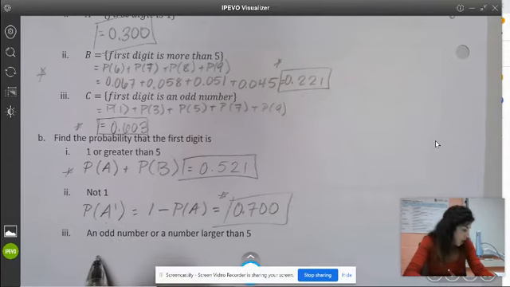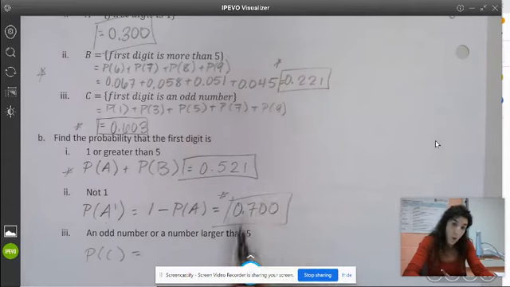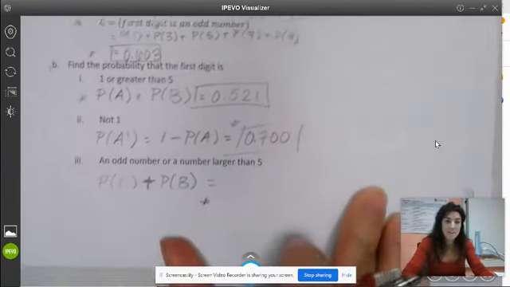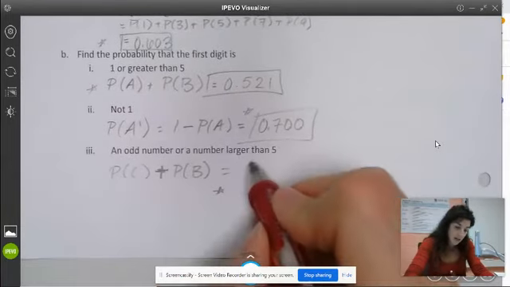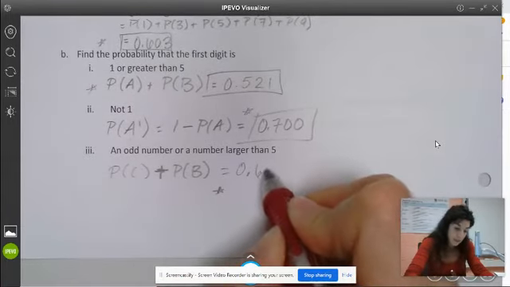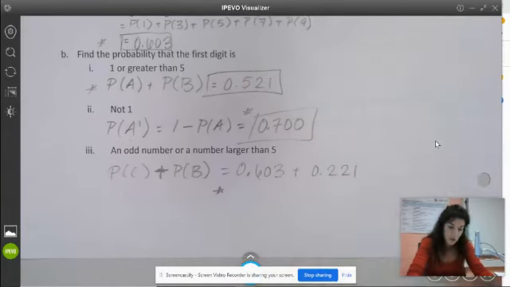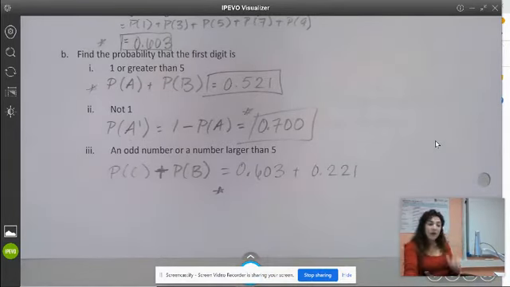We want to know the probability of an odd number, which is your event C, or, which is plus, a number larger than 5. You should have gotten, if you put that together, you might have done something like 0.603 plus 0.221.